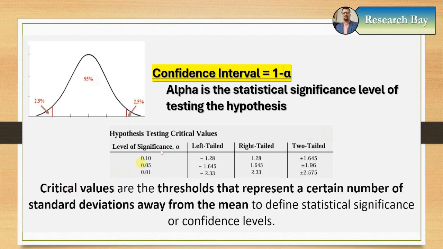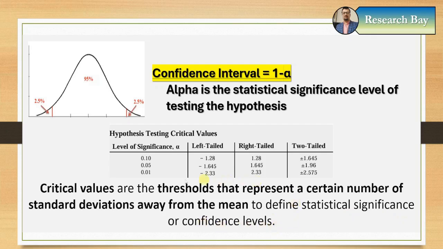Now, what is a critical value? We call them critical values, right? Critical values are the thresholds that represent a certain number of standard deviations away from the mean to define statistical significance or confidence intervals.